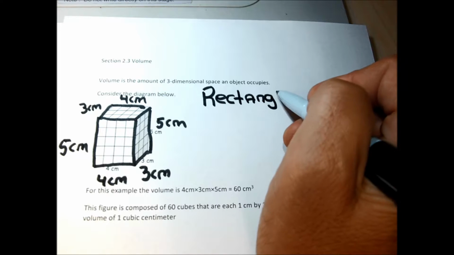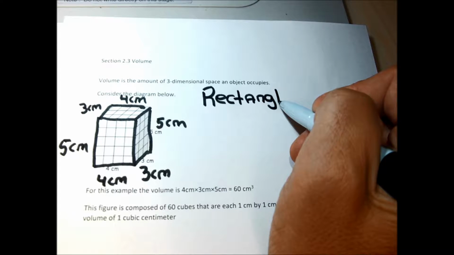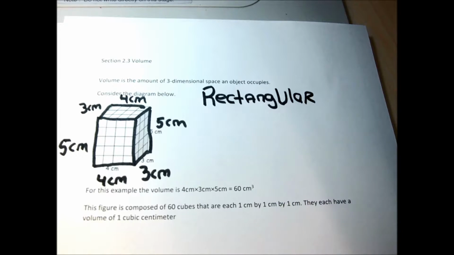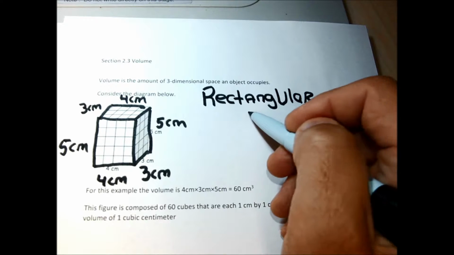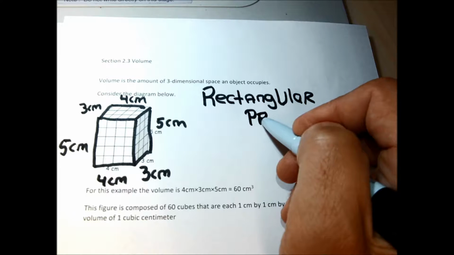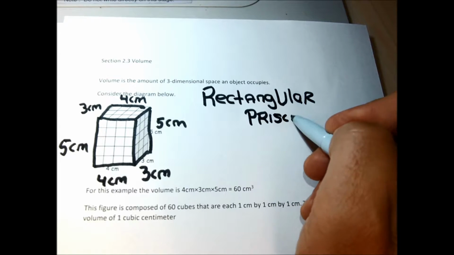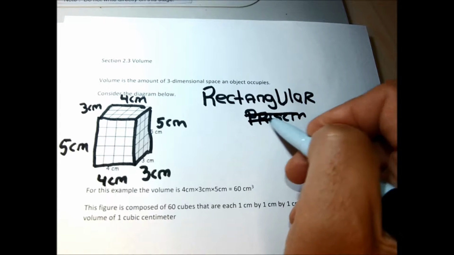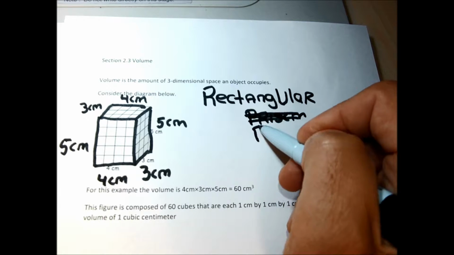And we get a little bit fancy here. We probably call this a rectangular, and then a three-dimensional box is called a rectangular prism. So the shape of this is a rectangular prism.